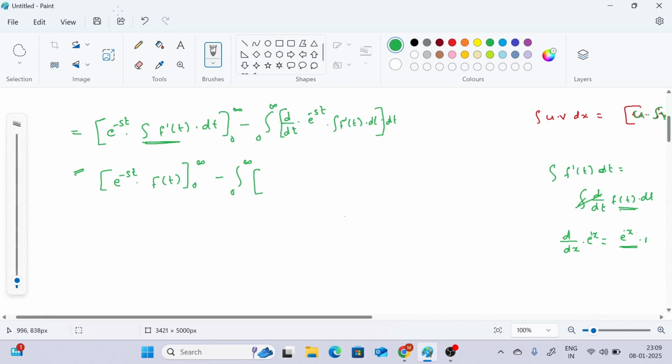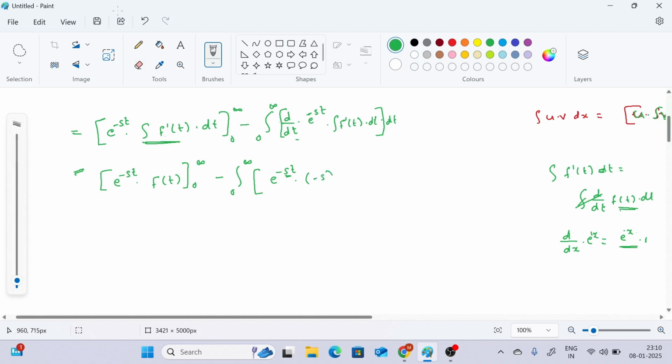In a similar way, here we are going to apply the same formula, but it is with respect to t and the term here is minus. So what can I get? E raised to minus st into, with respect to t, the derivative of minus st will be minus s, because s is constant.